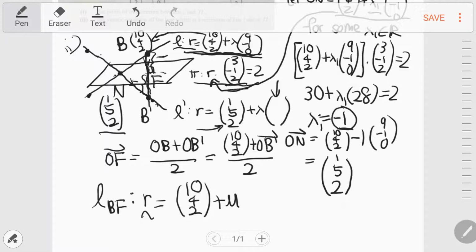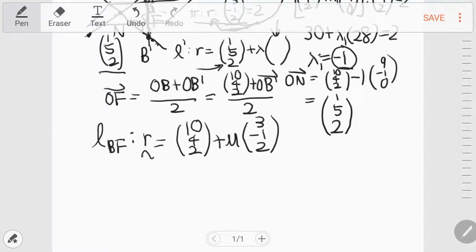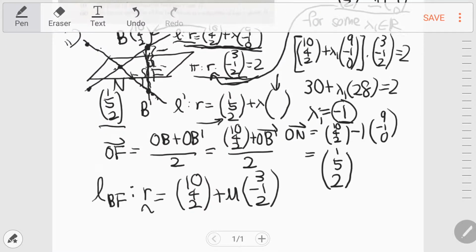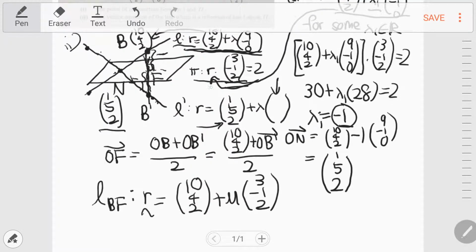So we can use the normal of the plane as the direction vector of this line. So I will make it 3, minus 1, 2 as the direction vector of the line BF, and then 4, 2 will be the position vector of OB. So with line BF, I will intersect this line BF with the plane to find the point OF.